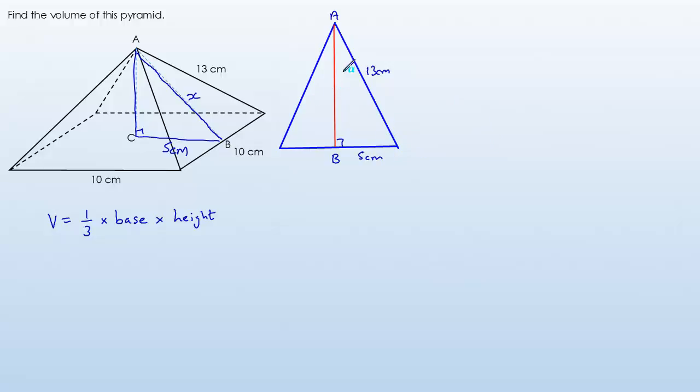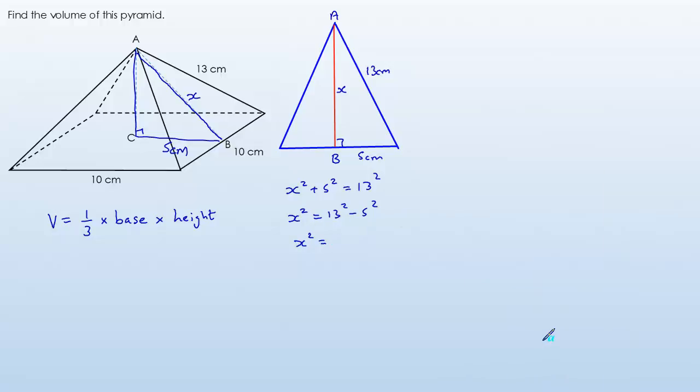So this distance AB we called x here, and x is a shorter side. So x squared plus 5 squared equals 13 squared. So x squared is going to be 13 squared minus 5 squared.